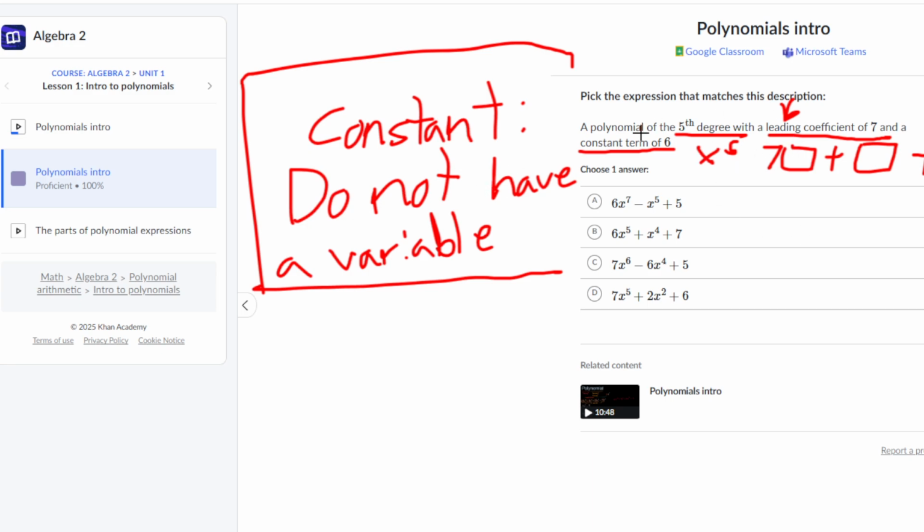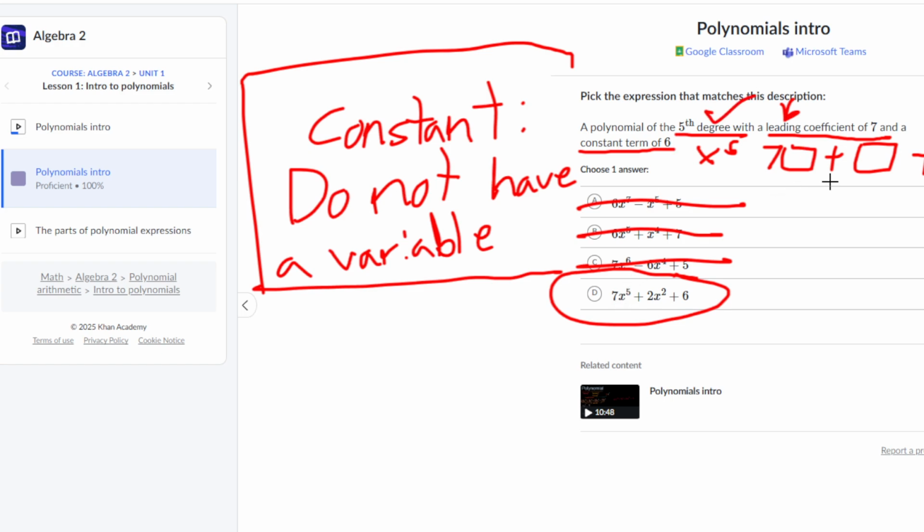Now, we're looking for a constant that has a term of 6. So by just looking at the very last part, you already know that the answer is going to be D, simply because all of the others do not have a constant of 6. But naturally, we have to still test everything else. Is it to the 5th degree? Does the x have the power of 5?